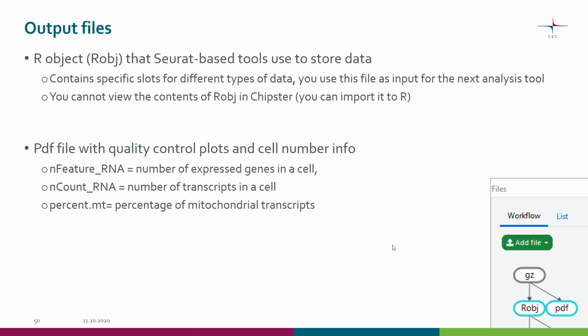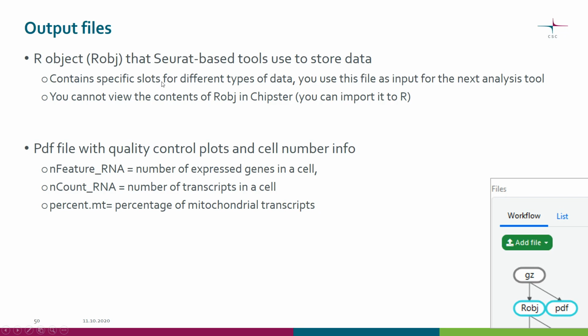When you run the tool, you get 2 output files. One of them is R object, and the other one is a PDF file. Here you can see them. This R object is a special file. It's actually a scRNA object in this case, and it's a special data structure that the scRNA-based tools use for storing different kinds of data.